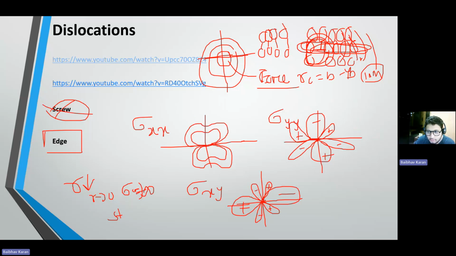This is what we discussed about the contours of the stress field. Then we should discuss another term called elastic energy. I told you about elastic energy. There will be an energy stored around the dislocation, and that is known as elastic energy.